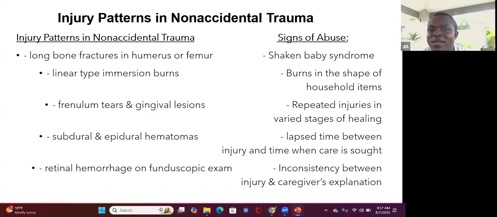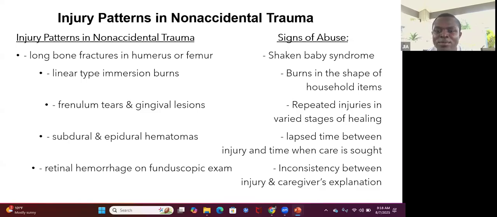The benefit of all these things we are mentioning is that you keep them in mind. NCLEX questions can come in different forms. As soon as you suspect any of these things in any scenario given to you, you should know that there could be abuse in there.